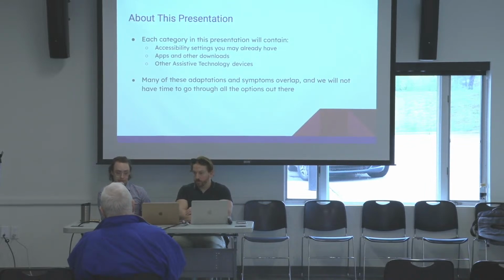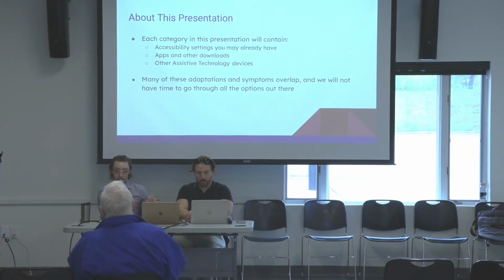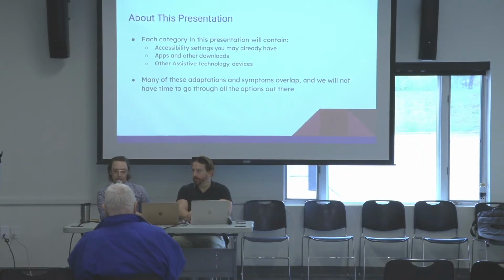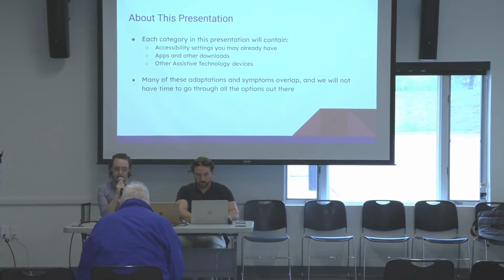Under each of those sections, we will show the accessibility settings that you might already have access to, apps and other downloads, so things that you could put on the smartphones, tablets, computers, etc., to help with accessibility, and then other assistive technology devices that you can usually purchase separately.